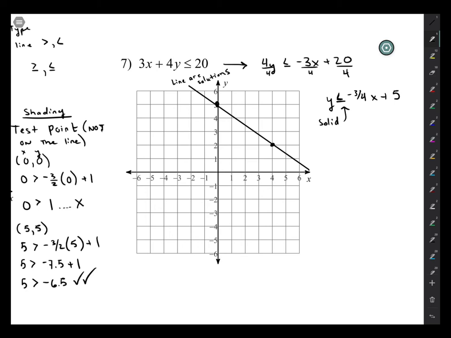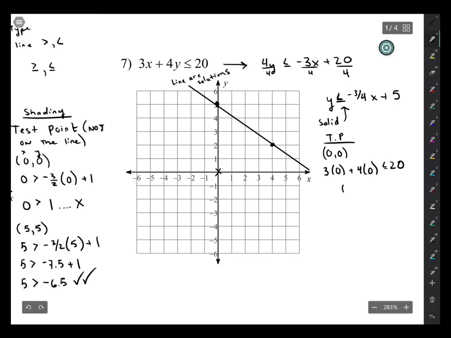So we graphed it. Now we just need a good old test point. And the best one to do, again, we could test out 0, 0. It's going to be very nice for us. And you can even substitute into the original equation. So 3 times 0 plus 4 times 0, is that less than or equal to 20? And 3 times 0 plus 4 times 0 is just 0.